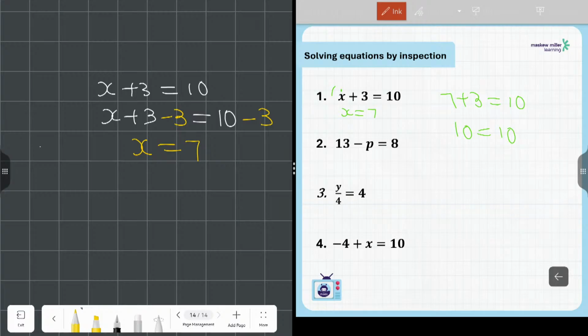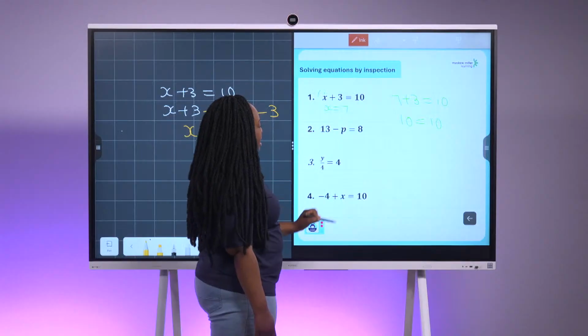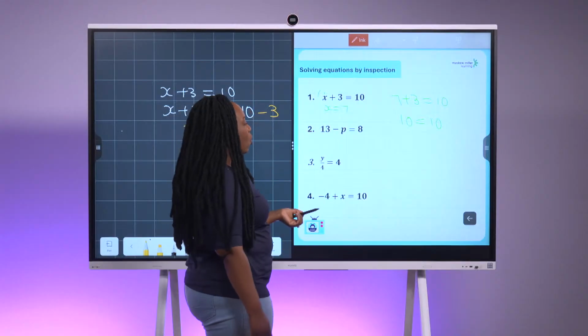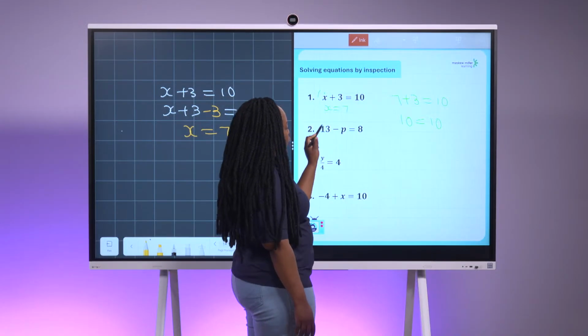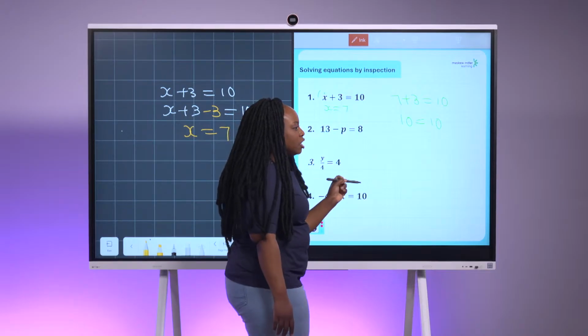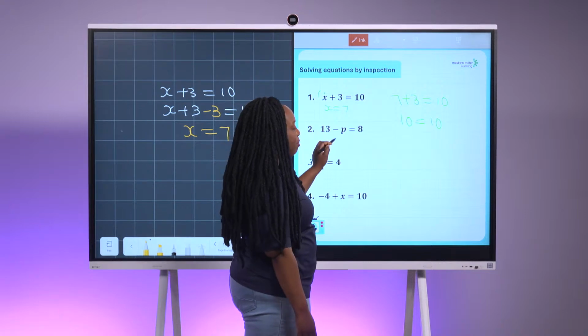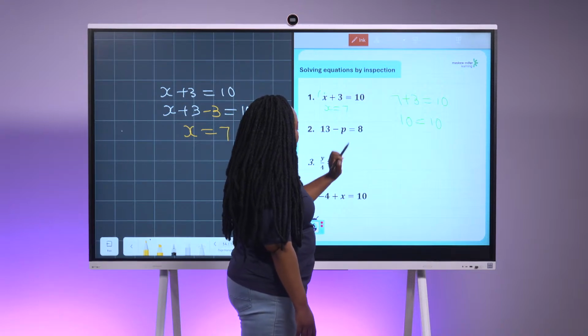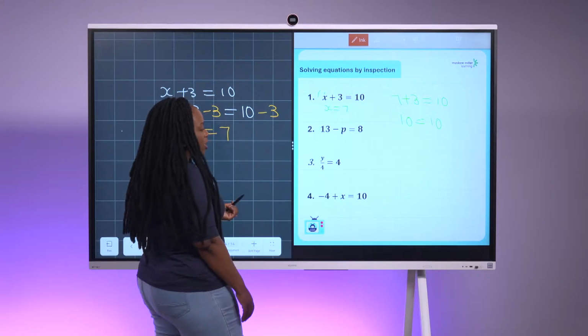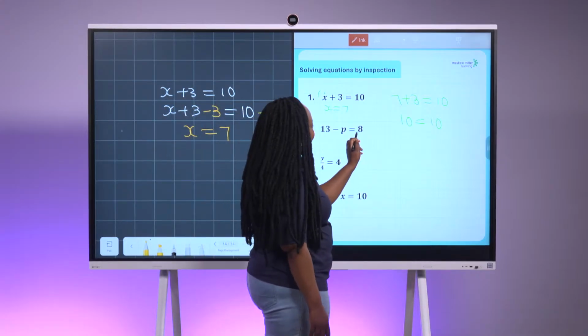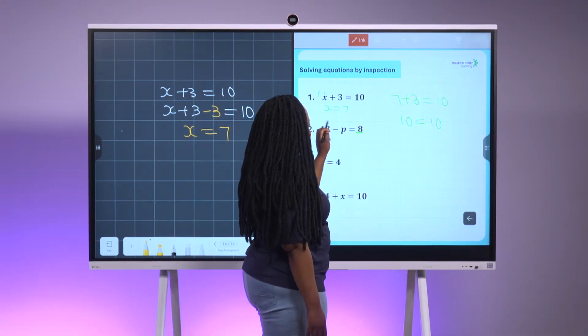So what you do, you just say, I have 13 minus p equals 8. What number can I subtract from 13 to get 8? So by inspection, you just have to find the number that you can subtract to get p. Or you can just say, which number can I add to 8 for me to get 13?